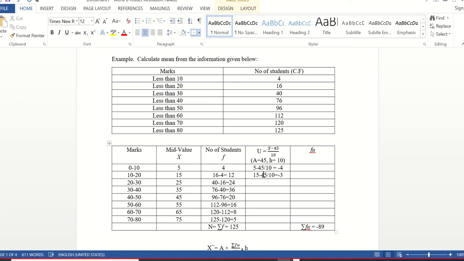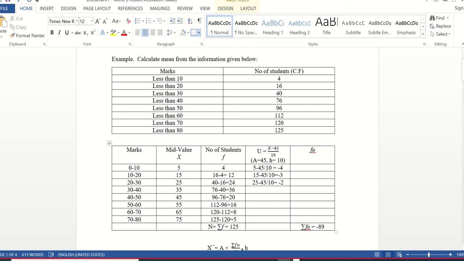Now similarly, 25 minus 45 divided by 10. 25 minus 45 is minus 20. Minus 20 by 10 is minus 2. So here we got minus 2. Similarly, we will apply the same formula for the rest of the series. For the rest, I'm just writing the values. I hope it is clear with everybody.